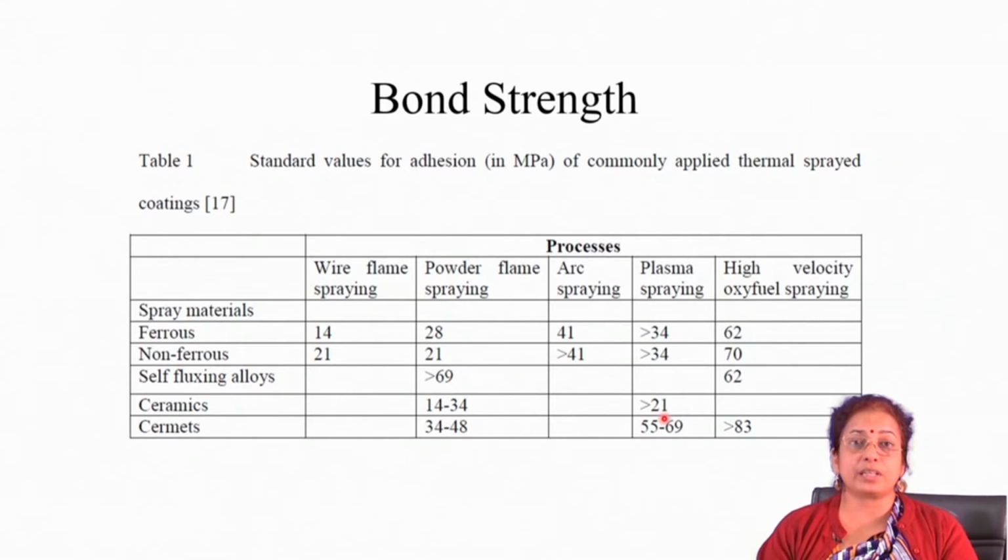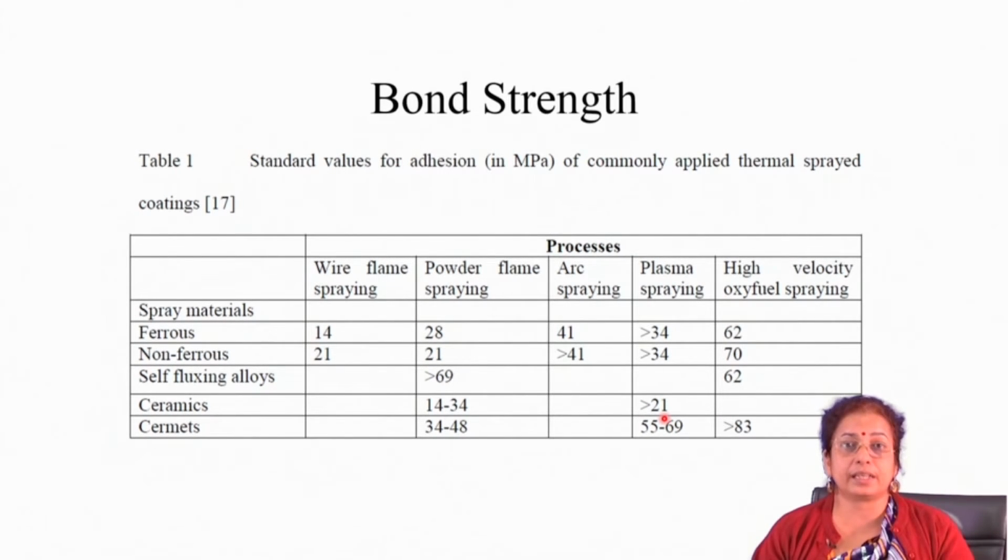So, if you compare the coating bond strength of different materials, you will get some clue. You will see that for non-ferrous materials you get higher bond strength than ferrous materials in most cases, except for a few cases where you get almost similar bond strength.